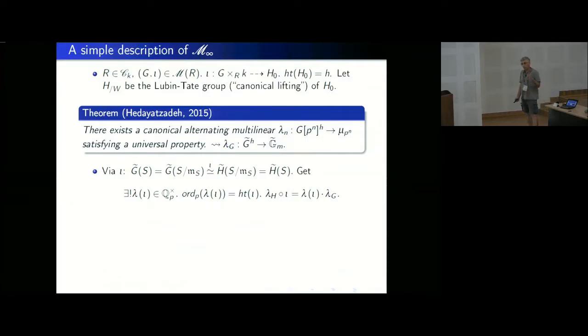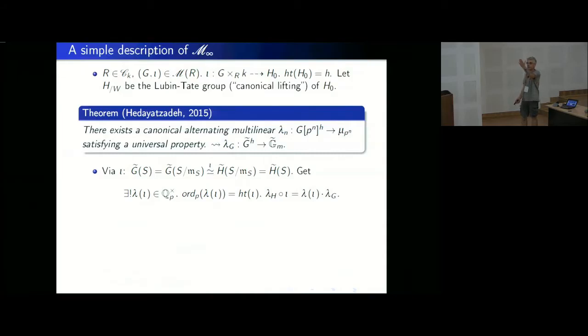It was a quasi-isogeny between G and H, so it produced an isomorphism between universal coverings when you apply it in S over ms. But the universal coverings at the level of S over ms are the same as the universal coverings of S by the crystalline nature. So having iota at hand allows us to identify the universal coverings of G and H at S.